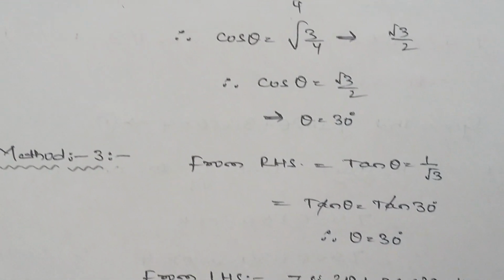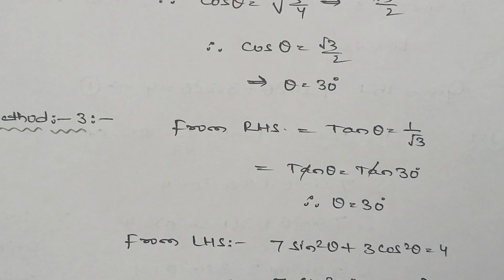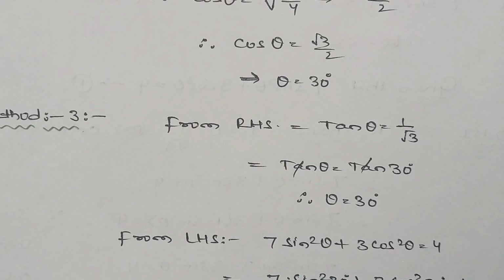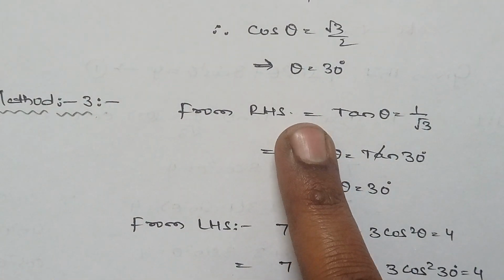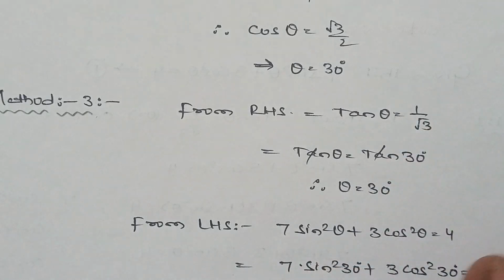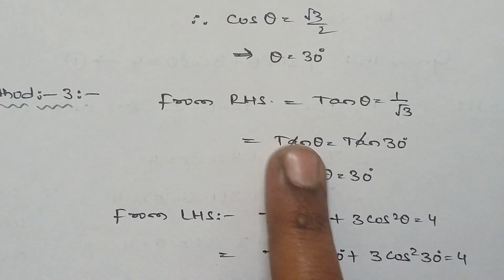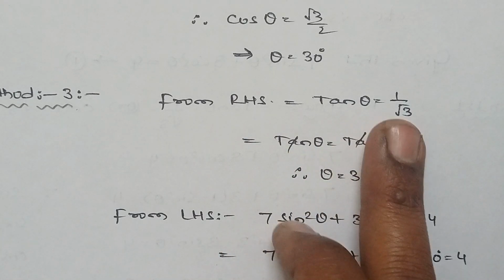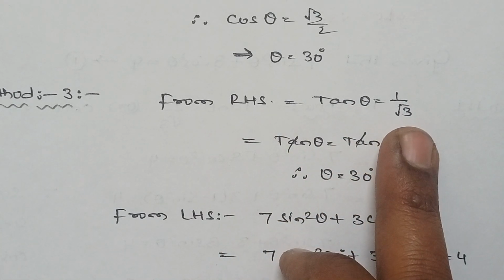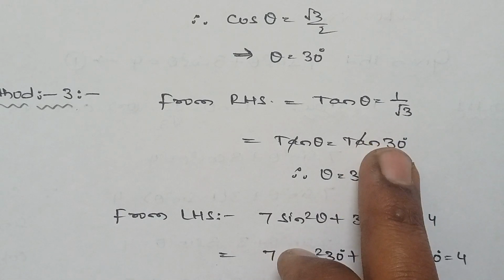Now, coming to method 3. I hope you understand method 1 and method 2. From the RHS part, what is given? tan theta equal to 1 by root 3. So find out the theta value. When tan becomes 1 by root 3, the angle is 30 degrees.